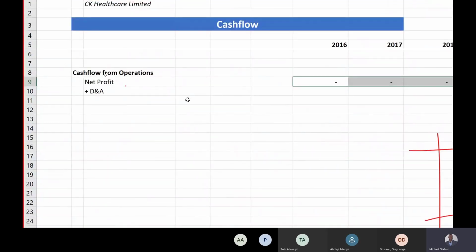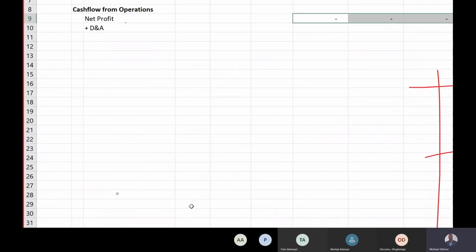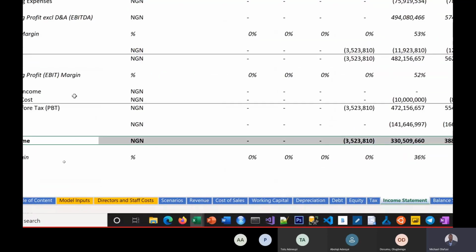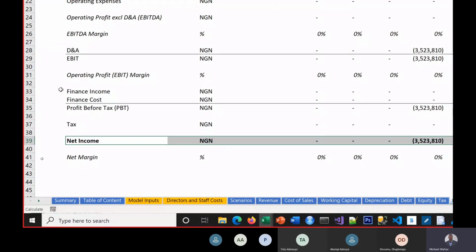Then, like I mentioned, we need to adjust for non-cash items, things that do not impact cash but that we have taken out in our income statement. Number one is D&A. We have to add back D&A because it's a non-cash line.